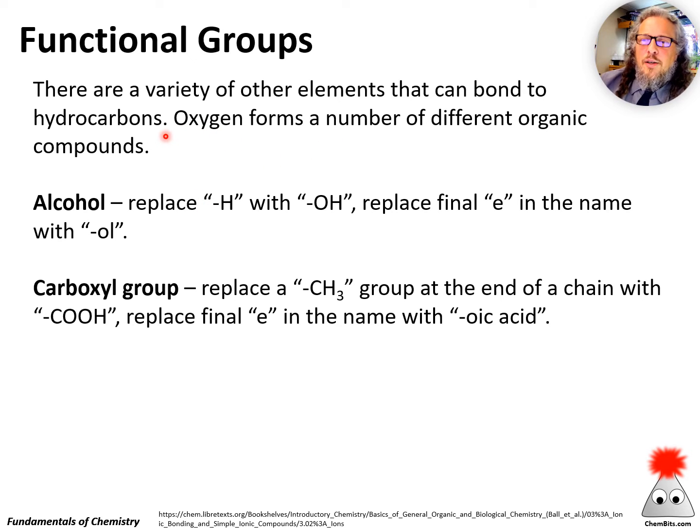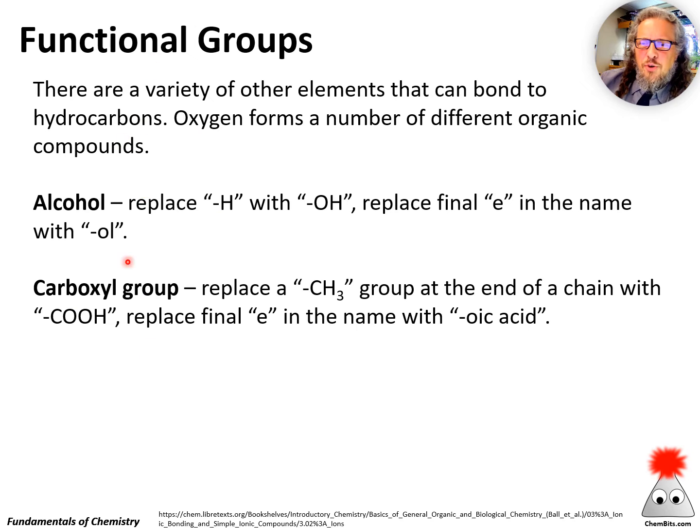So if we replace an H in a hydrocarbon with an OH, a hydroxyl group, we have what's called an alcohol. Naming alcohols, you name them the same way you would name the root hydrocarbon, but instead of that final E in the name, replace it with OL. And we'll look at some examples.